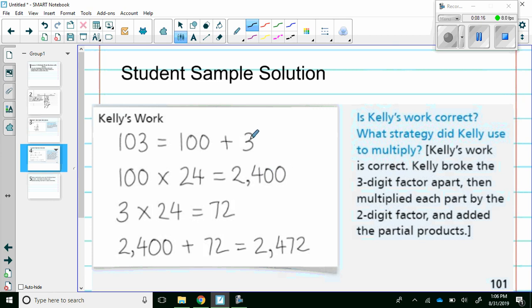Then she took the 3 ones, multiplied that partial product times the 24 desks to get 72. And then she took both of these answers from the partial products and added them. She took 2,400 plus 72 to get the total of 2,472 desks.